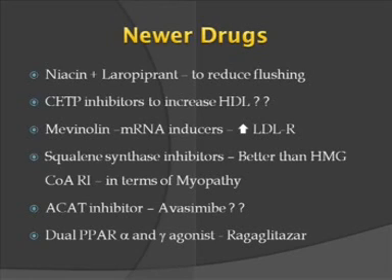The CETP inhibitors, cholesterol ester transfer protein inhibitors, popularly known drug torcetrapib of Pfizer, has been tried and promised a lot to increase the HDL, but the trial showed that there was more harm with this drug than expected.